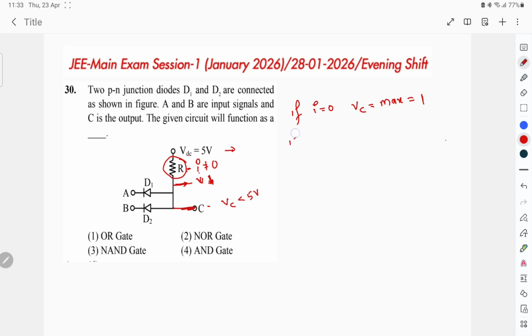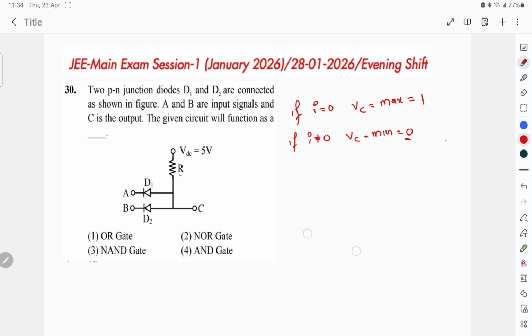That means if I is not equal to 0, VC will be minimum, which here is 0. I hope you are understanding, right? Just try to understand: if there is current across the resistor, VC is minimum. If there is no current across the resistor, VC will be maximum.